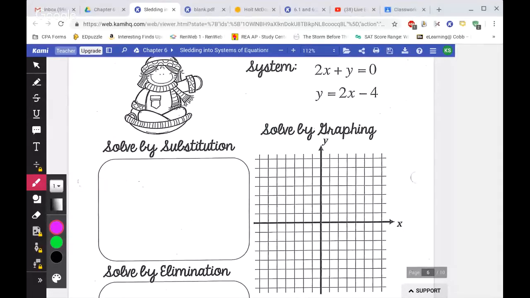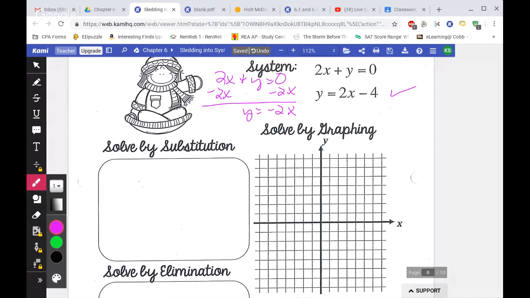Once again, you want to put them in slope-intercept form. So this one's already in slope-intercept form. This one you have to get in slope-intercept form. Subtract 2x from both sides. And you get y equals negative 2x.